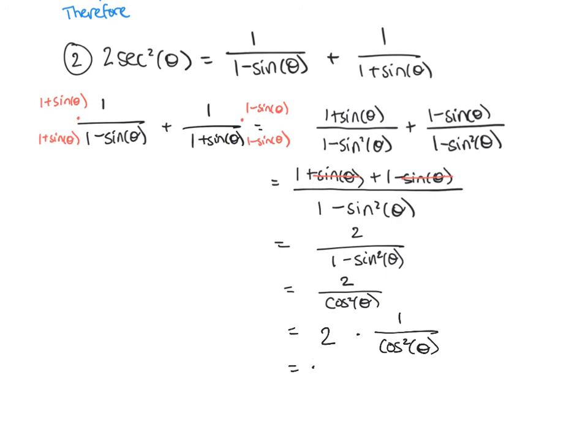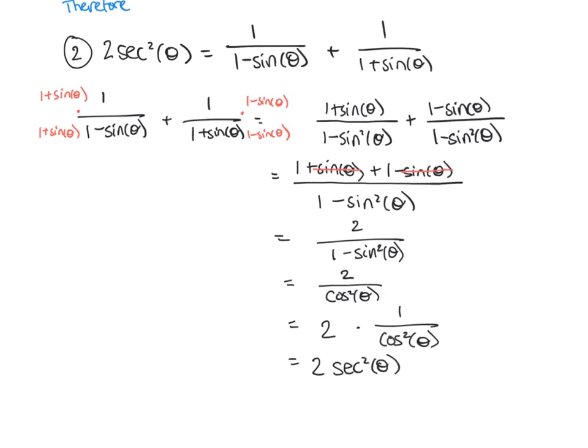And it ends up becoming 2 times secant squared theta, which is exactly what I wanted. That's my answer. So we did it. We've used our Pythagorean identities, our reciprocal identities, and algebra to get to our final answer.